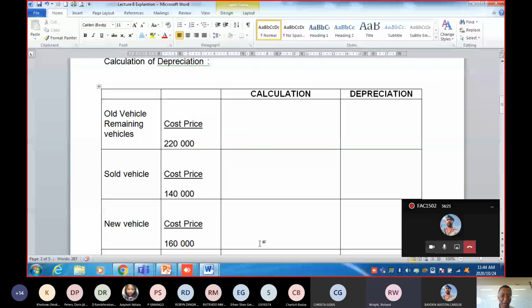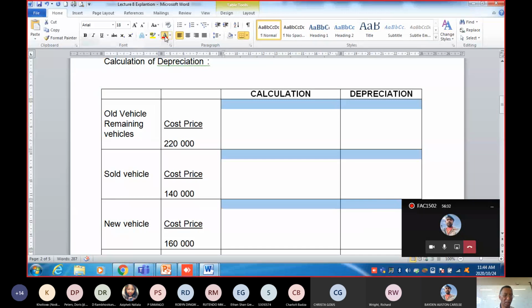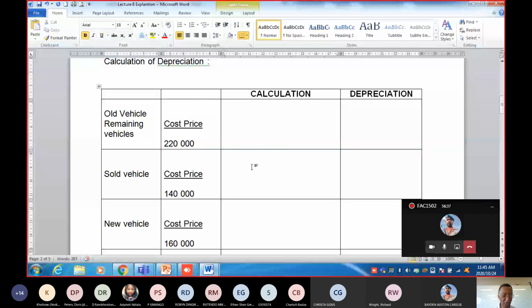Remember the depreciation on the asset that we sold. The asset that we sold had a cost price of 140,000 Rand. We had to provide for depreciation at 20% per annum. But we had this asset only for 9 months, and the depreciation amount for the 9 months period, we have calculated already to be 21,000 Rand.